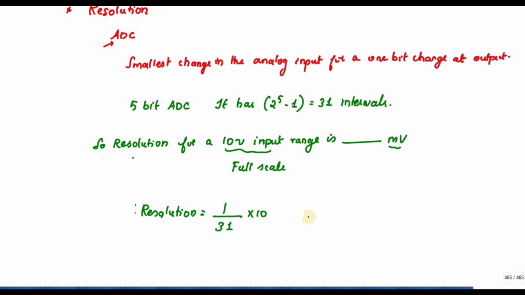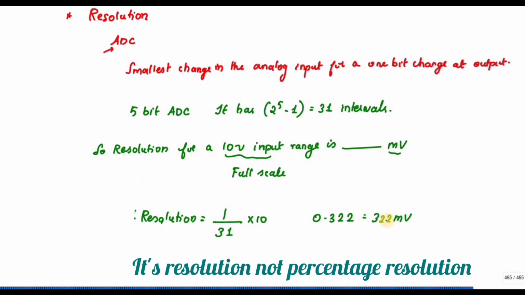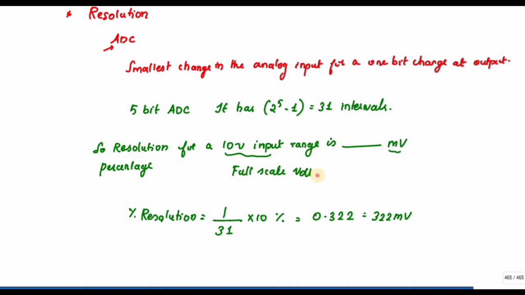What is 1 divided by 31 into 10? 0.322. So here it is nothing but the full scale voltage.